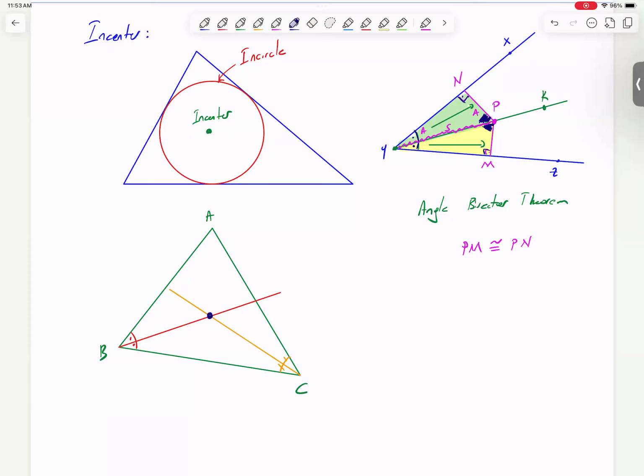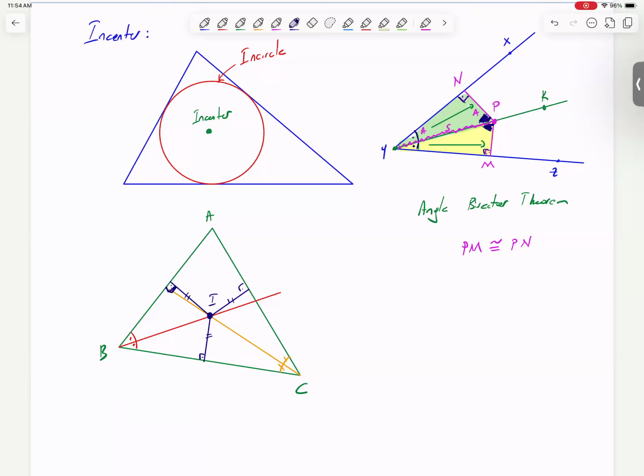Let's say this point is I. The perpendicular distance from I to BC must be congruent to the perpendicular distance to BA because of the red angle bisector. Also, the perpendicular distance from I to AC, they all must be congruent.